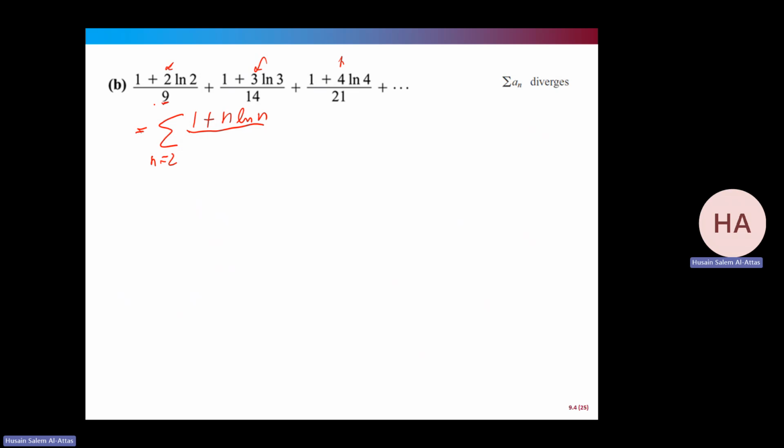If my starting is 2, then I have 9, 14, 21. When n equals 2, 4 plus 5 is 9. When n equals 3, 9 plus 5 is 14. When n equals 4, 16 plus 5 is 21. So this will be n squared plus 5. Good, I get an.